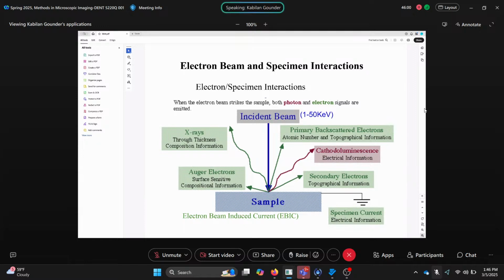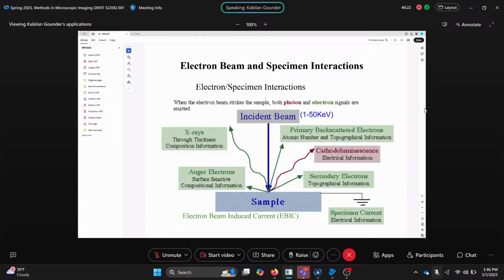So the electron beam and specimen interaction. The scanning electron microscope produces electrons as a light source, whereas in light microscopy, visible light is the light source. For fluorescence microscopy, the fluorescence lamp, xenon and mercury, gives you the light source.